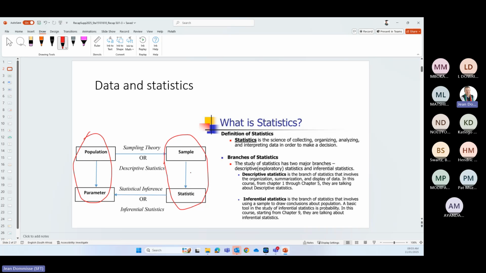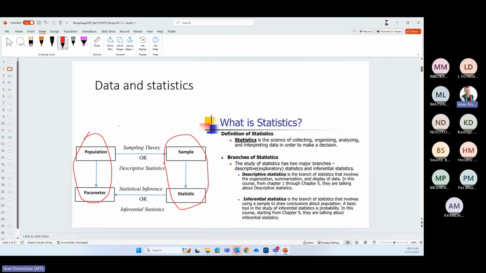When we work with a sample, we work with a statistic, and then words like sample statistic, the statistic of a mean, those things will come out.